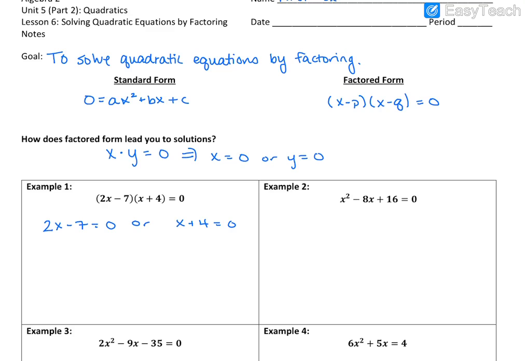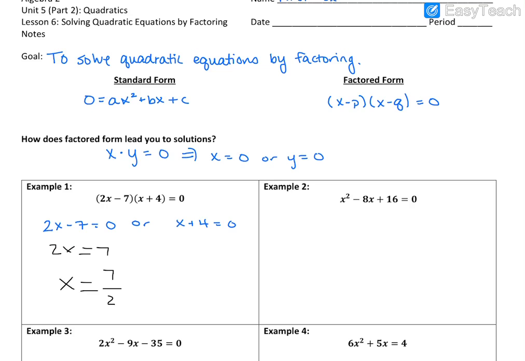And then what you're going to do is this is now a linear equation, and this is a linear equation, and you already know how to solve linear equations. So we're going to work at solving these. Add 7 on both sides. 2x equals 7, divide by 2, and you're going to get that x equals 7 halves.